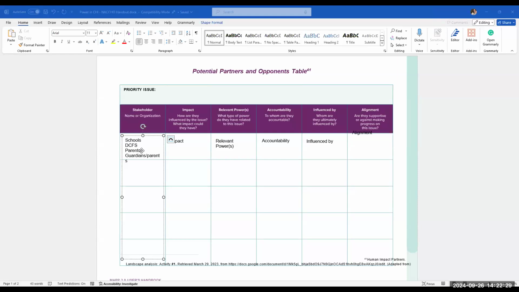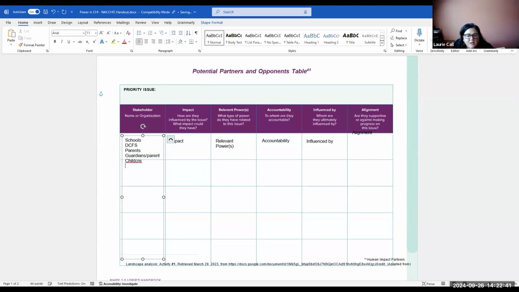So we've got so far schools, DCFS. Y'all are doing it faster than I'm typing. Child care, parents, these are great ideas.